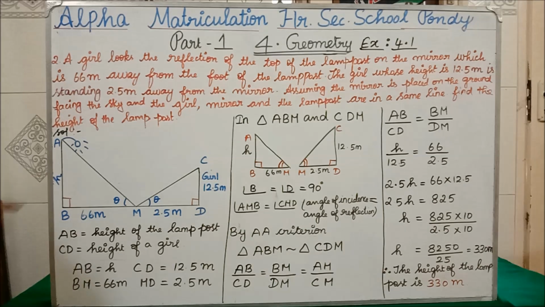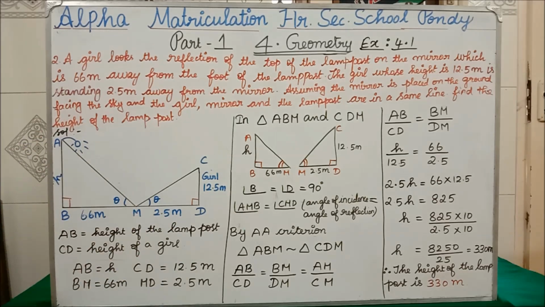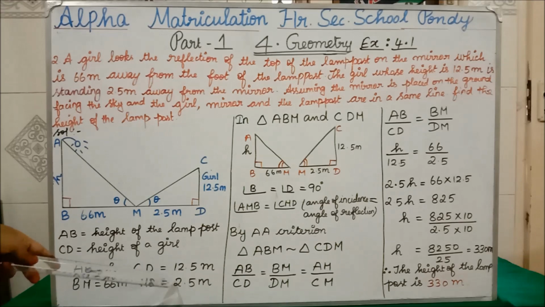Now AB I have taken as the height of the lamp post. Similarly, CD is equal to the height of the girl. AB is equal to H, since we don't know the height of the lamp post, I have taken the value as H. CD is the height of the girl, which is 12.5 meters.